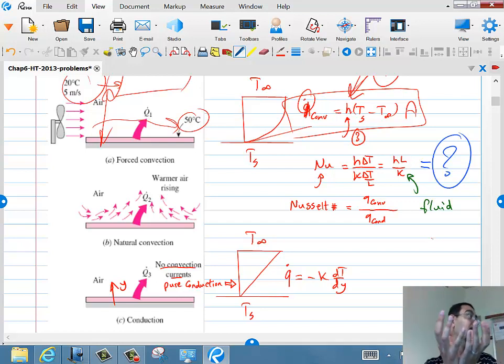All right? So it's the buoyancy, it's the gravity that makes things, when they are getting lighter, go up, and when they are heavier, go down. All right? So if we are in the space shuttle and there's no fan running, and there's no natural convection, guess what would be the Nusselt number?